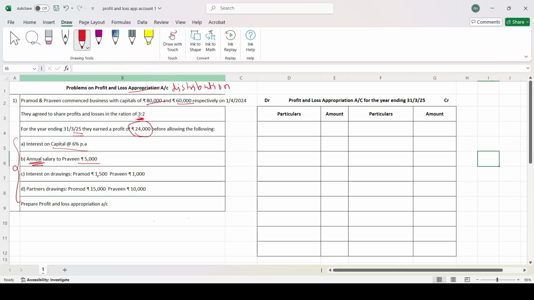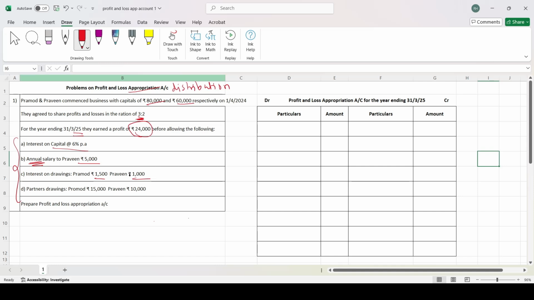Interest on drawings. Interest on drawings is Pramod rupees 1,500, Praveen rupees 1,000. Drawings is nothing but the money withdrawn by the partners for their personal purposes. For that money the partners have to pay interest to the firm. So that interest we are collecting is 1,500 from Pramod and 1,000 from Praveen.